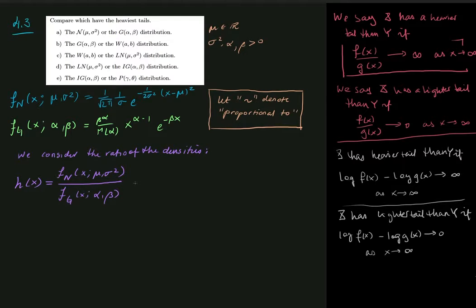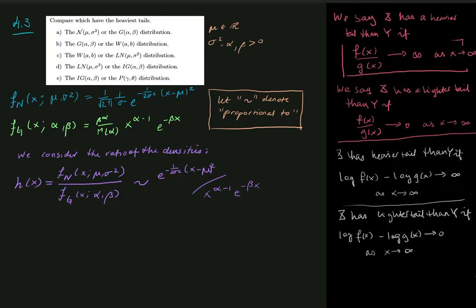So what I will do now is write up their expressions but without the constants. This just means that the ratio between these two densities is proportional to what I write up over here, which is just the ratio of the densities, but without the parts that don't depend on x, divided by x to the alpha minus 1 e to the minus beta x.